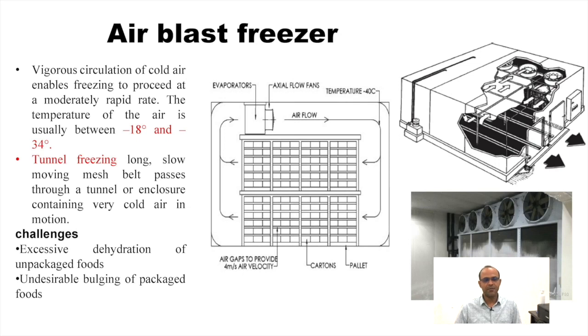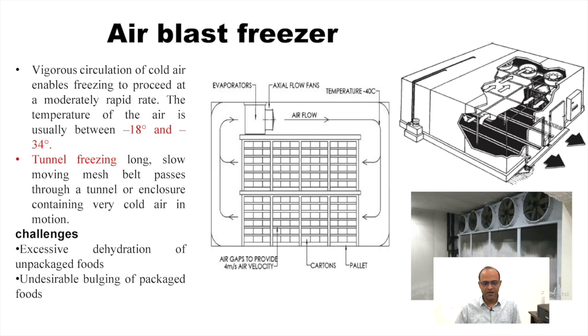Next is the air blast freezer. This is a category wherein we place the product either in a batch or in a continuous fashion. Let us discuss the first schematic. Here the products are placed inside racks, and there is the evaporator with axial flow fans, and the air temperature ranges from minus 18 to minus 34 depending upon the product, and the air velocity is as high as 4 meters per second.